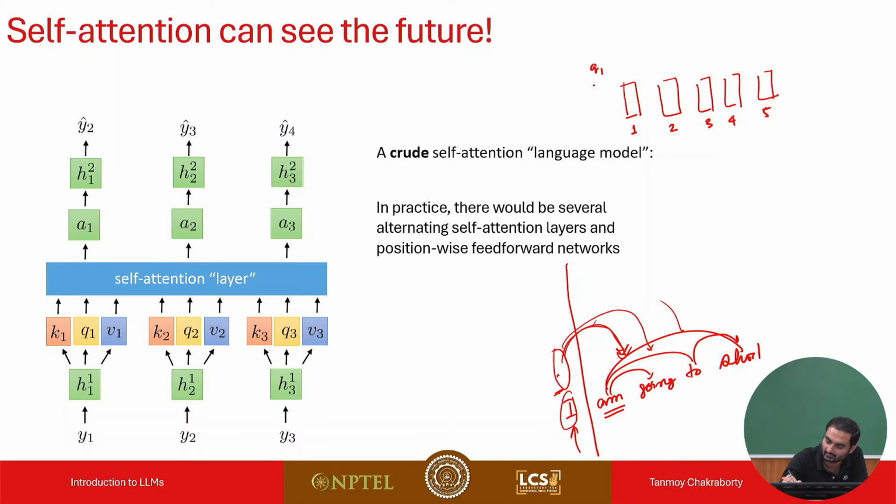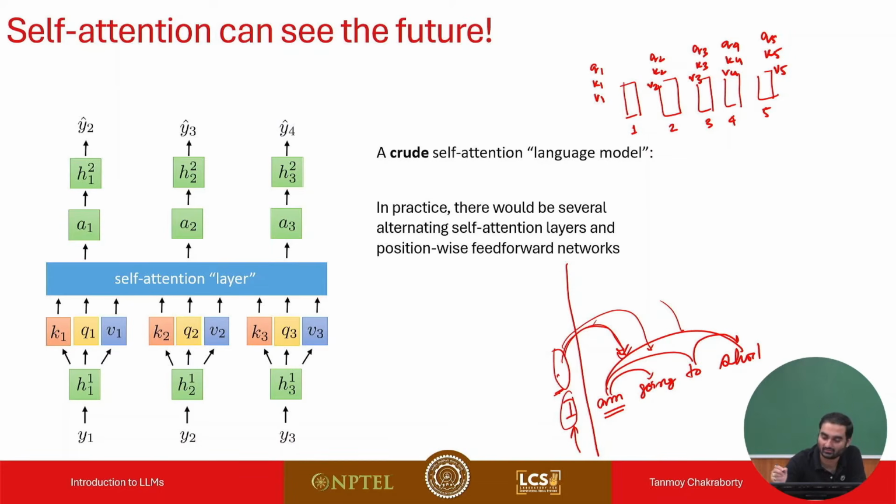Okay, so what we'll do, look at here. Let's say this is Q1, K1, V1, Q2, K2, V2, Q3, K3, V3, Q4, K4, V4, Q5, K5, V5. These are query, key and value vectors obtained from every decoder state.